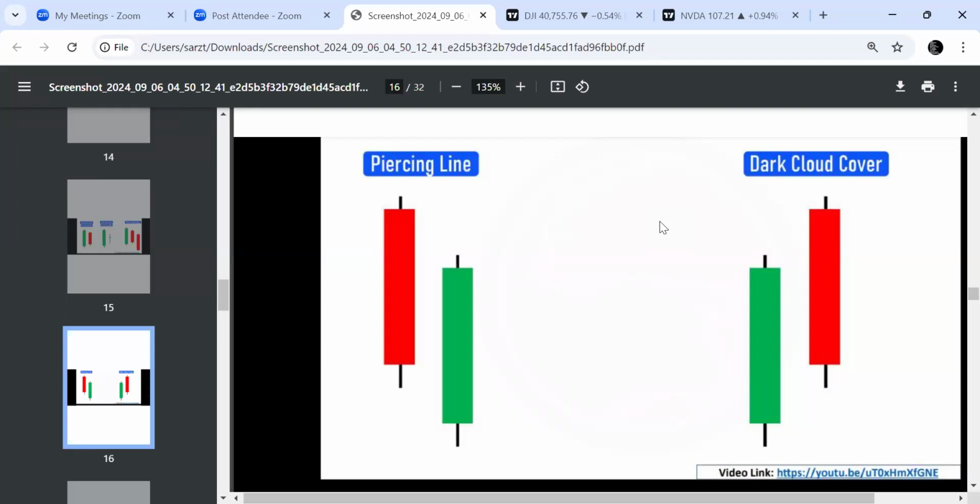In the case of piercing line, it has to gap down first, and in the case of dark cloud cover, it has to gap up, and after that it needs to cover the 50% of the previous candle. Then the piercing line will form, and the dark cloud cover will form.